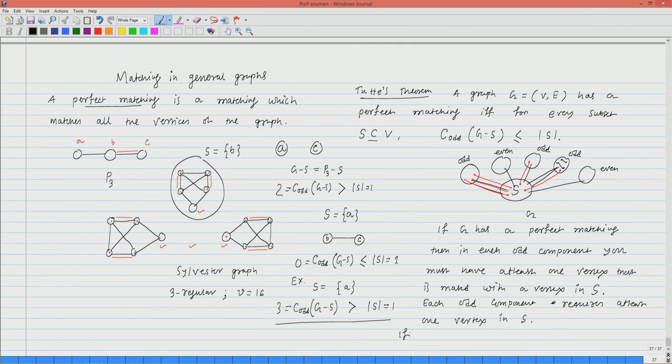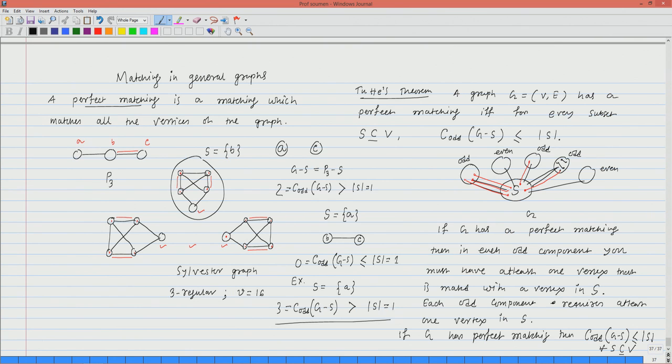That is why if G has a perfect matching, then the number of odd components of G minus S must be less than or equal to the cardinality of S for all S in V. Okay.